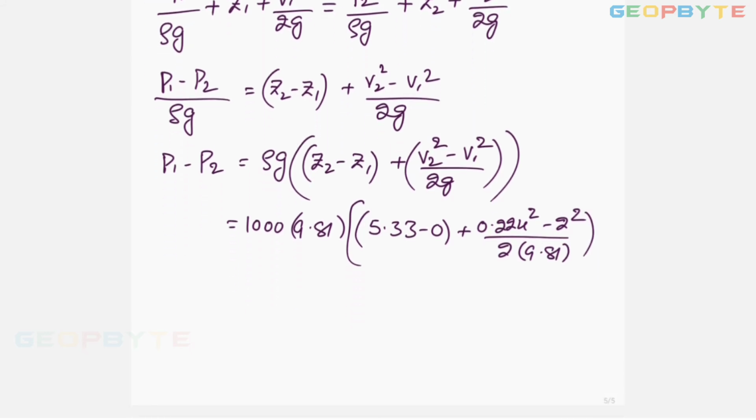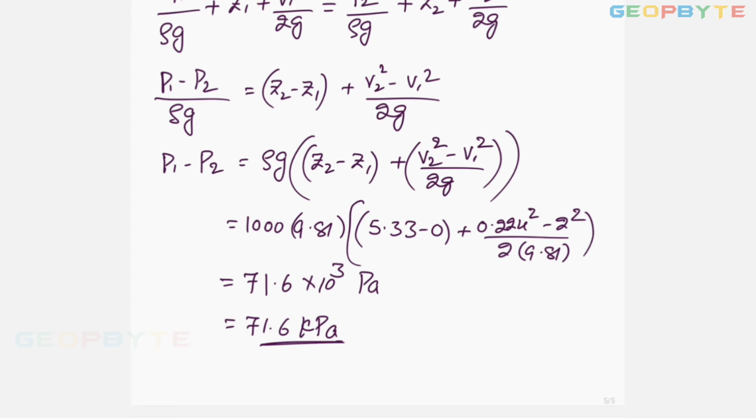Simplify this value. For P1 minus P2, I got 71.6 into 10 power 3 Pascal. It is equal to 71.6 kilopascal. That is how the problem can be solved.